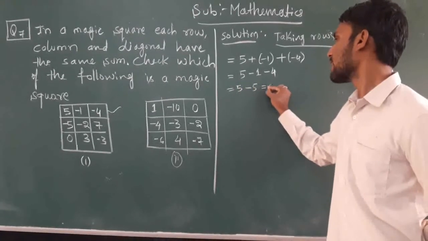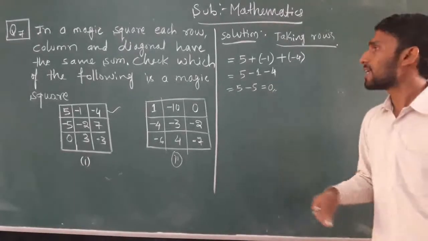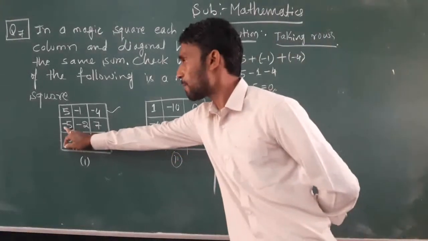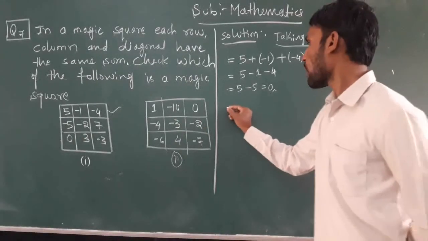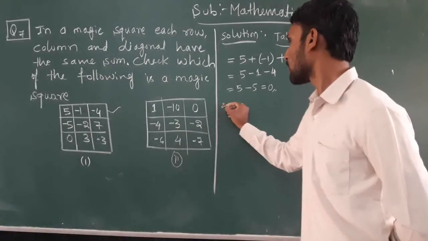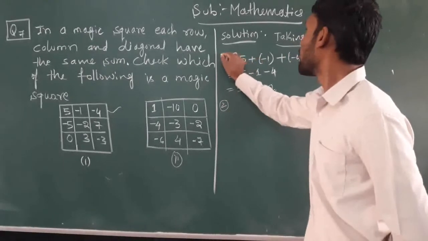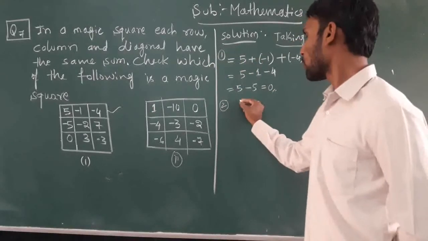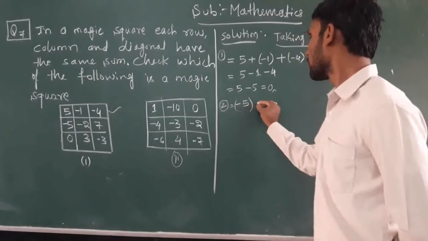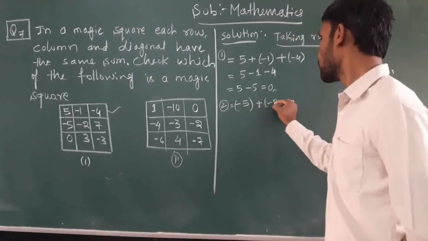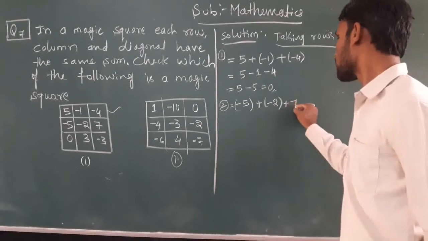Answer is 0. Next row I am taking here: minus 5, minus 2, 7. This is the second row. This is the first row. Second row: minus 5 plus minus 2 plus 7.